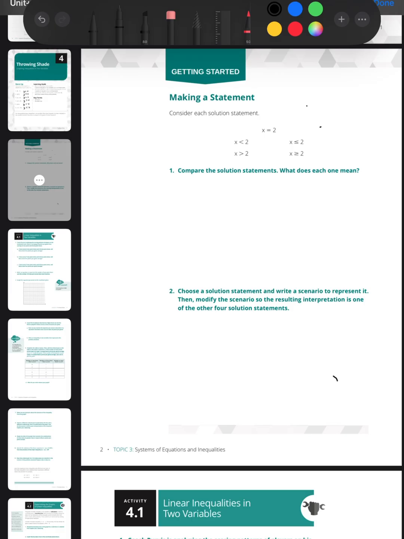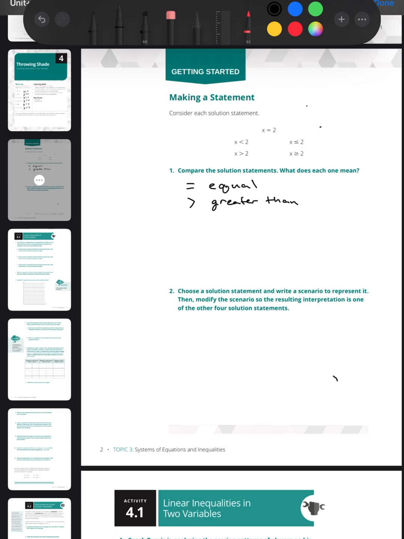So obviously equals means just like it sounds, that the two values are equal to each other. We have greater than, we read it from left to right, so that open side faces the left, so this is a greater than sign.